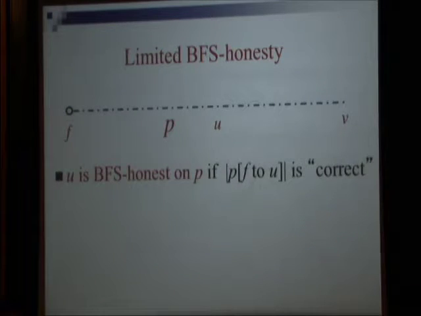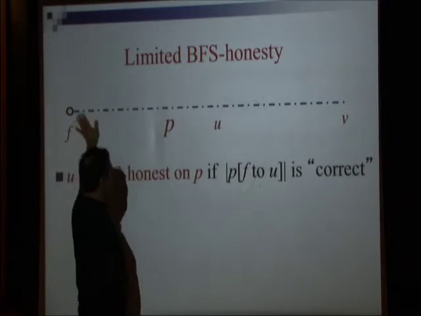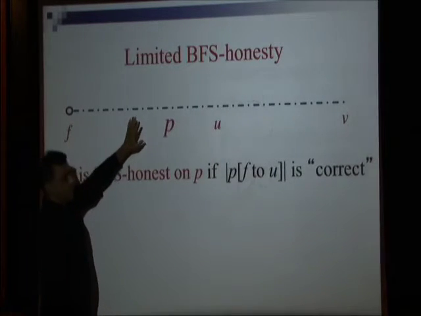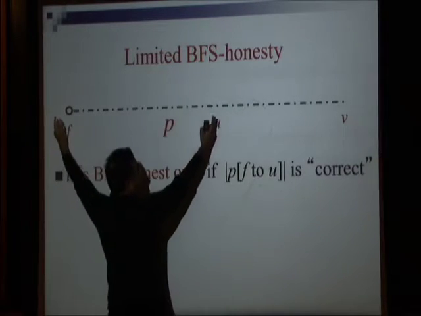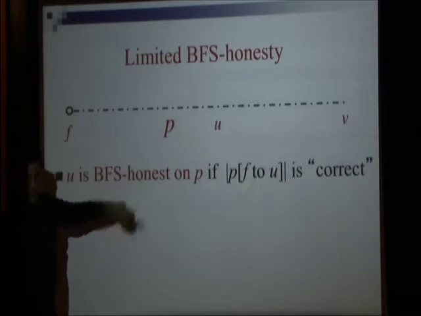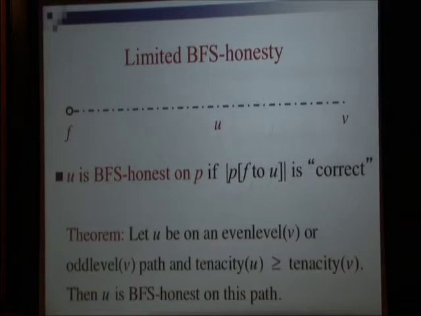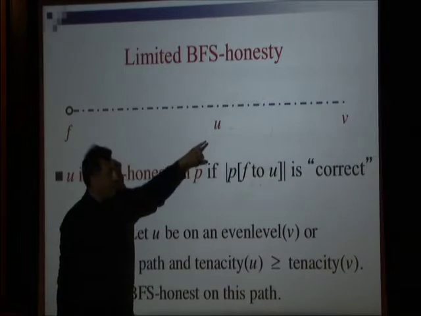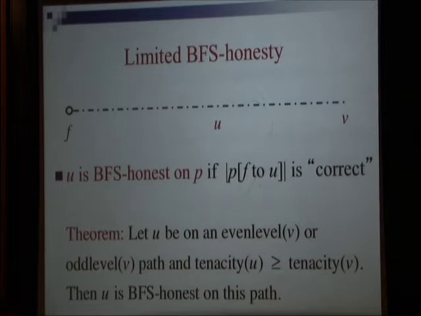Namely, so let's say that with respect to this path P, which is from F to V, and U lies on this path, we'll say that U is breadth first search honest with respect to this path if this length is correct, which means that if this length is even, this is the even level of U. If this length is odd, then this is the odd level of U. Okay? Theorem. If U is of tenacity equal to or greater than that of V, then it will be breadth first search honest on this path.